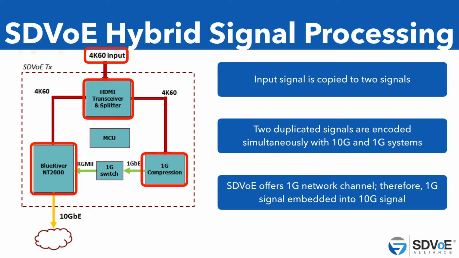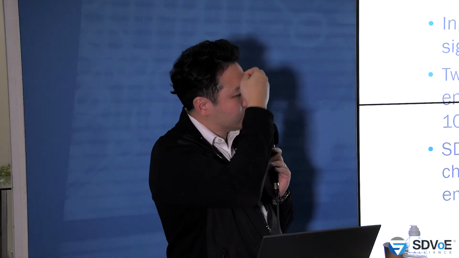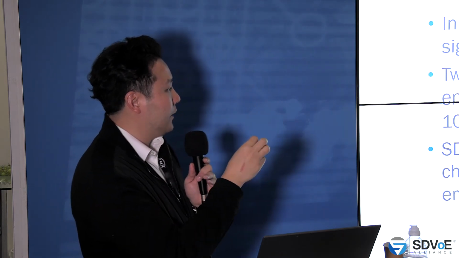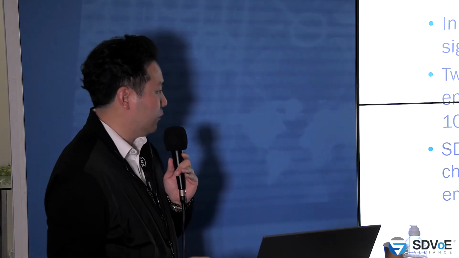Since SDVoE offers 1G network pass-through within the chipset, we embed the 1G H.265 signal into the Blue River chipset and it goes out to the network.